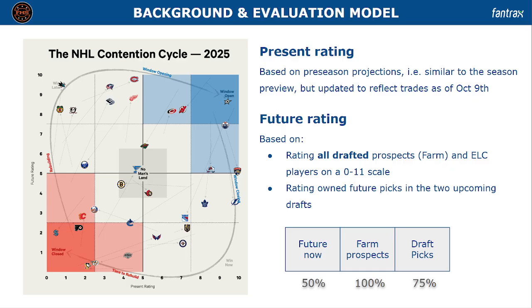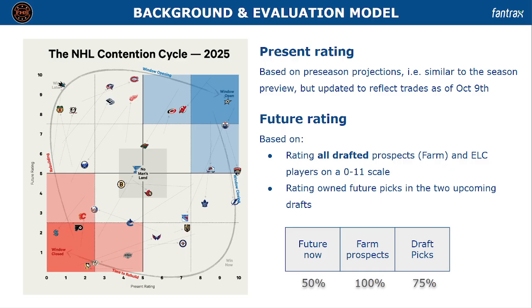The farm prospects are fully included in this rating, so these are all drafted prospects, farm players that are not in the future now category, and the draft picks are at 75%, slightly weighted below the prospects because of the probability and development time that is needed, and taking into effect the fact that many of the draft picks in the next 2 years will have zero overlap with the future now group.